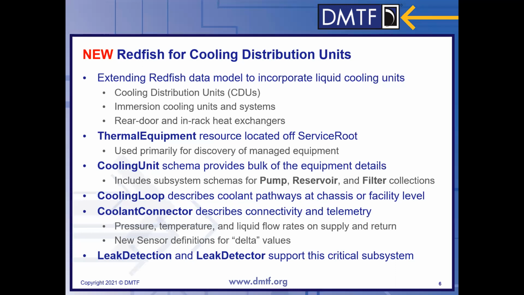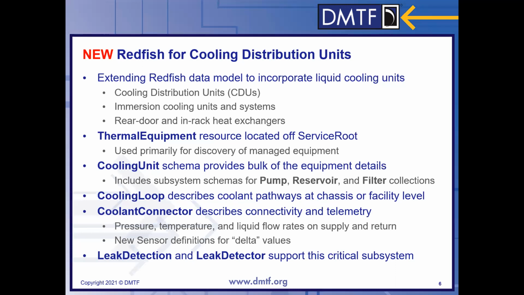But this is a way for us to normalize the data model and show the connections between dissimilar types of gear, and give them a way to give all those pointers, with the goal being that you can chase the links and the connections throughout the data center, from service to service.